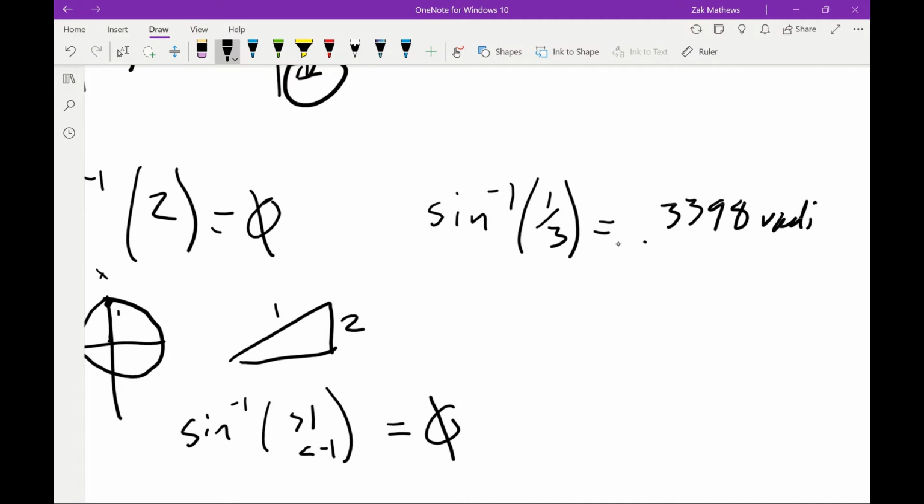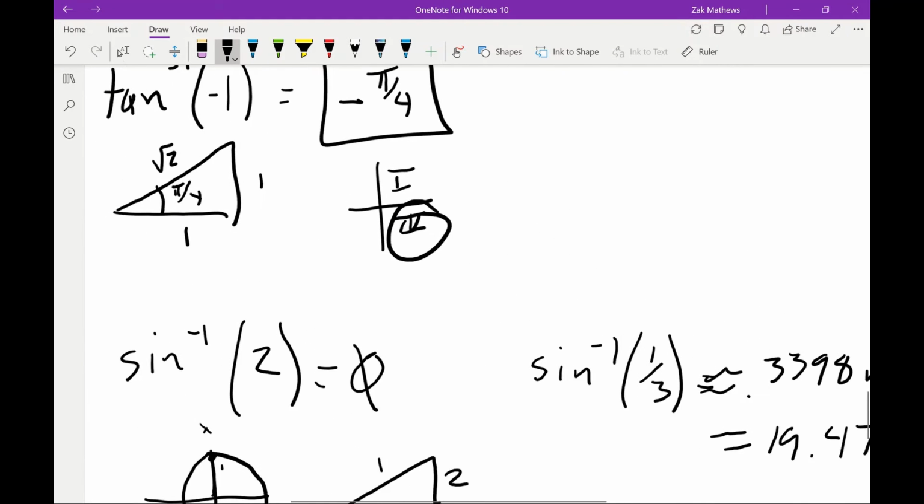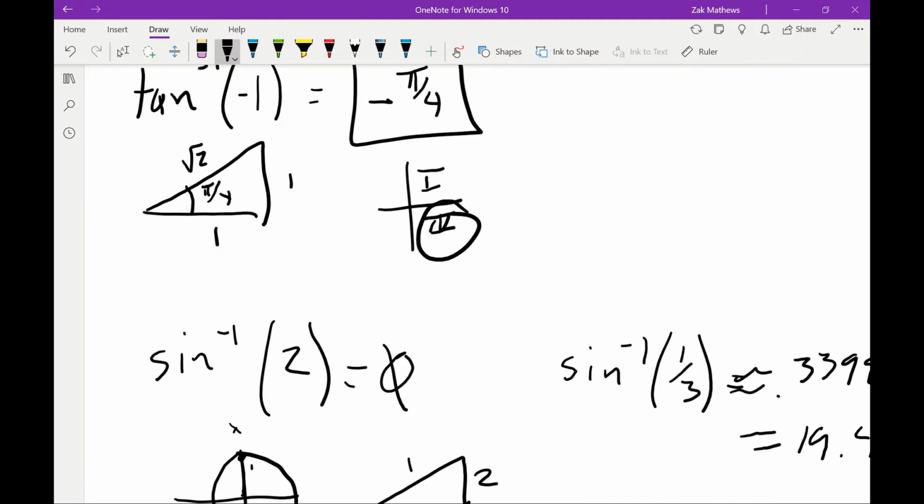So it would be an approximation. I could also write it as 19.47 degrees, but again, it's an approximation. These are both approximations. So anytime we can find those exact values, we want to do so. If we can't, we want to think about, well, is it because it's impossible or just because we don't have an exact value for it?